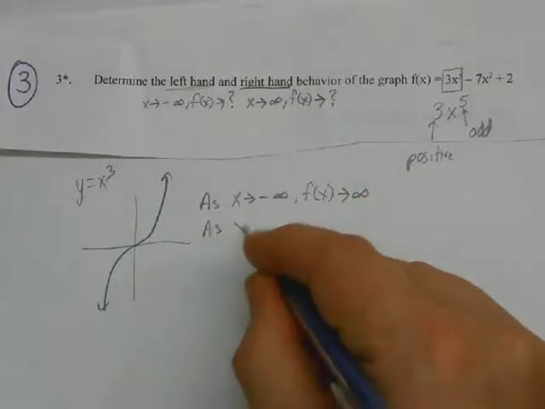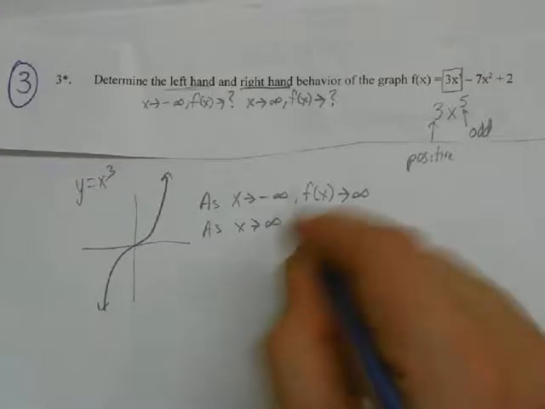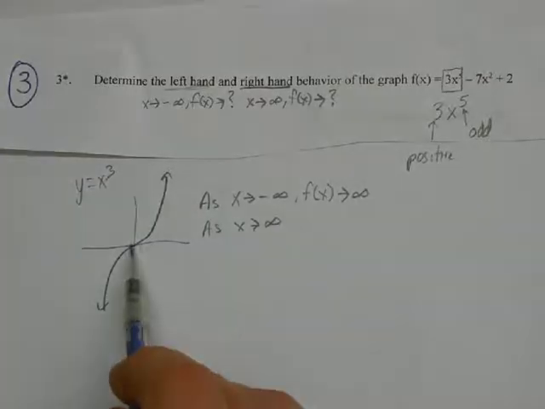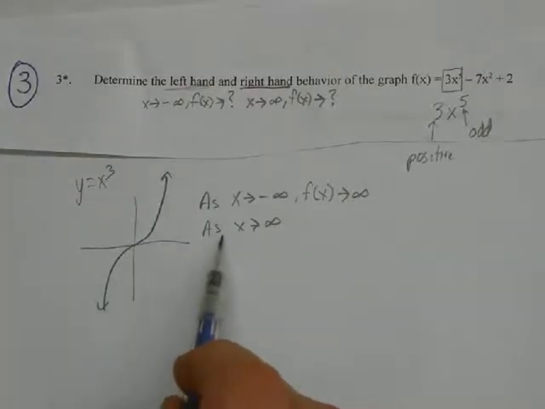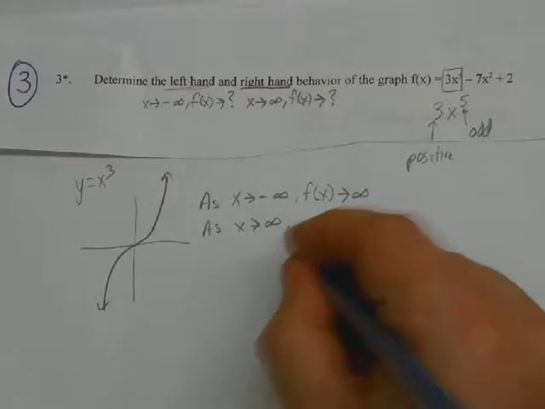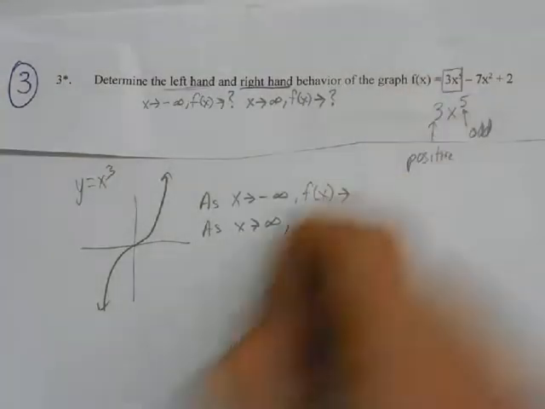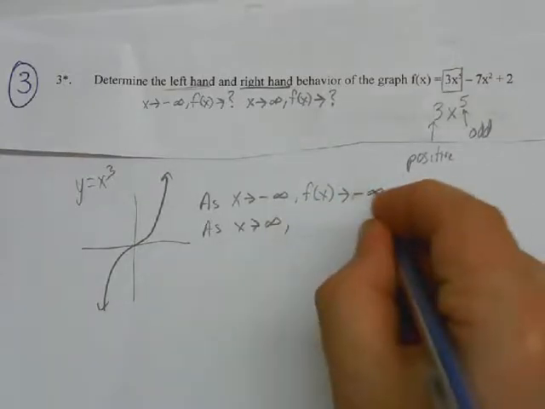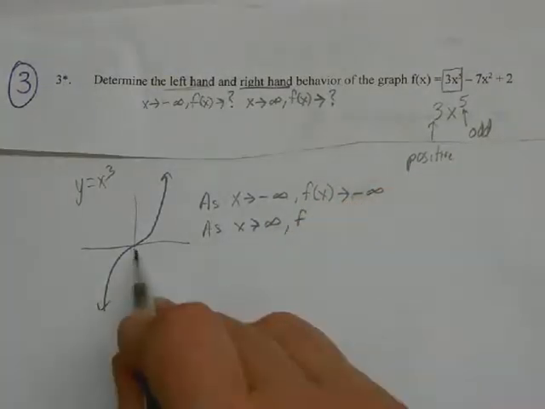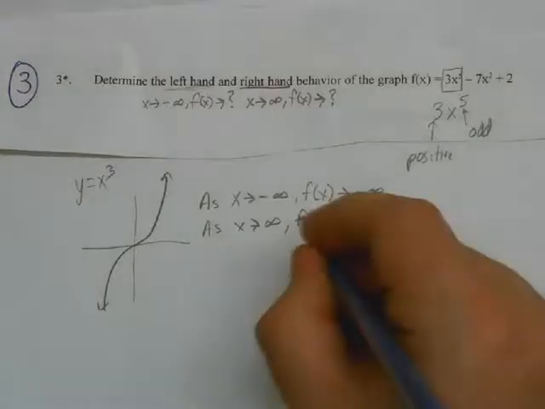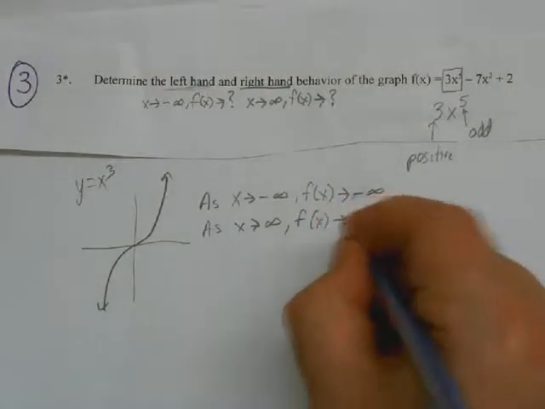And then the right-hand behavior, as x goes on to infinity, sorry, mistake right there. So once again, as x approaches infinity, f of x approaches infinity.